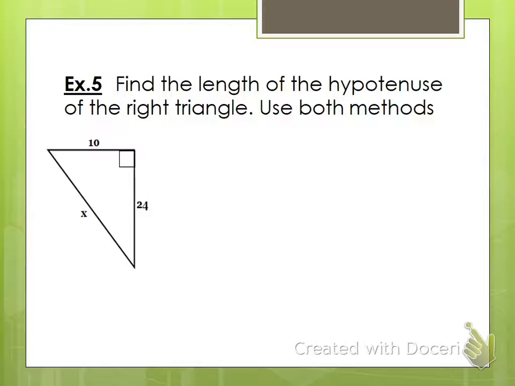All right, last one. Find the length of the hypotenuse, use both methods. So both methods meaning Pythagorean theorem way and Pythagorean triple way. Which way do you think is faster? You think the theorem's faster than the triples? Triples is faster.